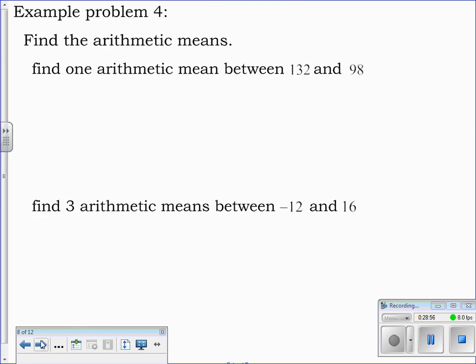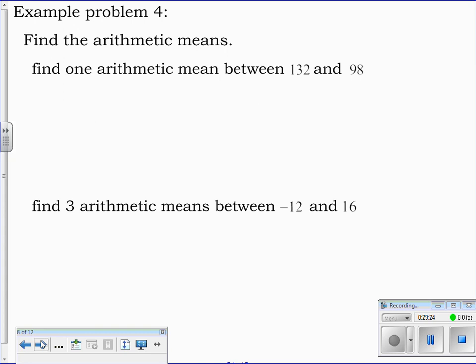Okay. Now this one here, the arithmetic means, is actually how you can find the missing terms and figure out what d is. This will help you do that. So doing these ones will show you how to do those two that we skipped. Okay? So on the first one, here's how you find arithmetic means. I want to find one arithmetic mean between 132 and 98.